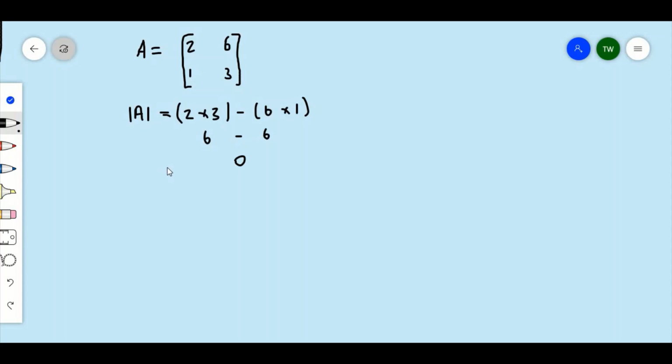So here, clearly, we can see that the determinant of A is equal to 0. So therefore, A is a singular matrix, right?